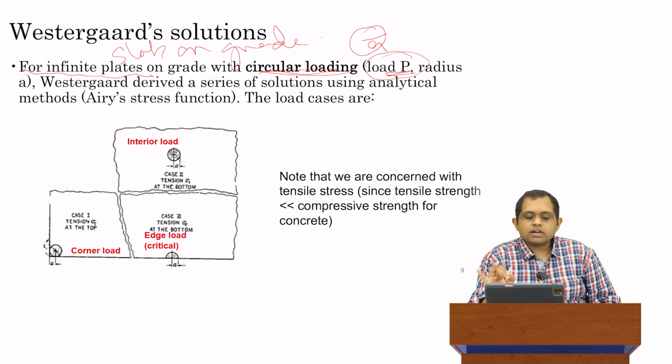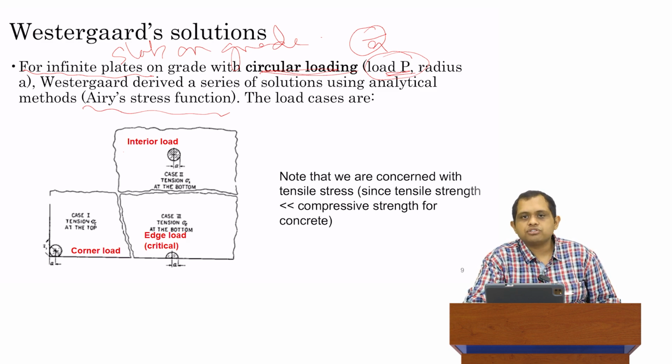For this particular condition, Westergaard derived a series of analytical solutions. Now, I should add, getting the analytical solutions for a fourth order equation or biharmonic equation is not easy. It is actually done using something called the Airy stress function. And we're not going to go into those derivations in this class. It's not really important. But the basic process is that you have the fourth order equation, and then mathematicians come up with a whole bunch of possible solutions. So there are handbooks full of possible solutions for these.